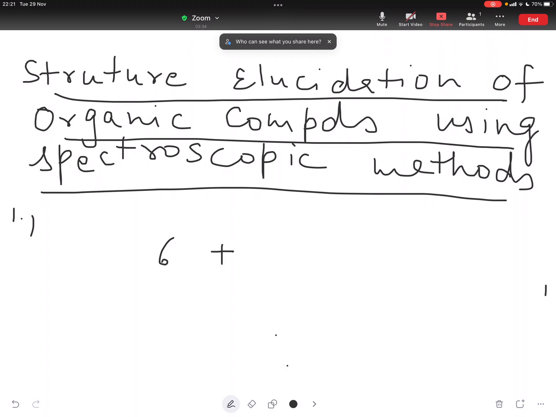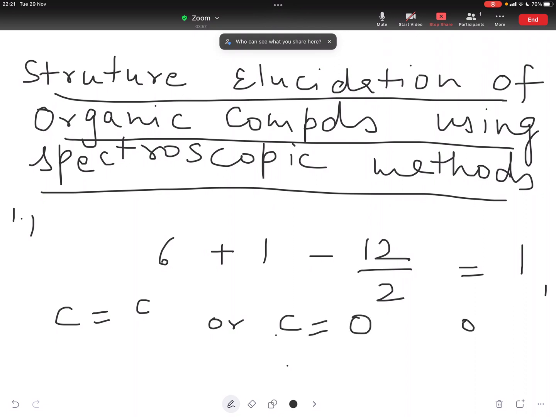Six plus 1 minus 12 by 2, and this comes out to be 1. So the molecule either contains C double bond C or C double bond O or one ring.